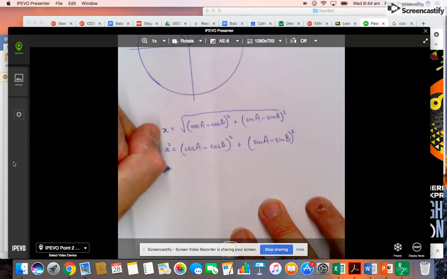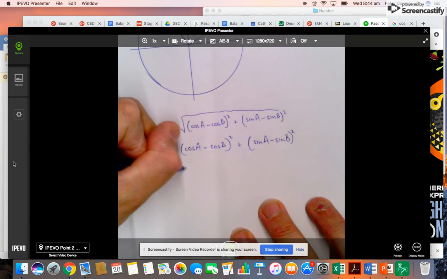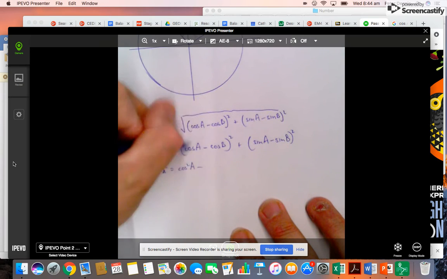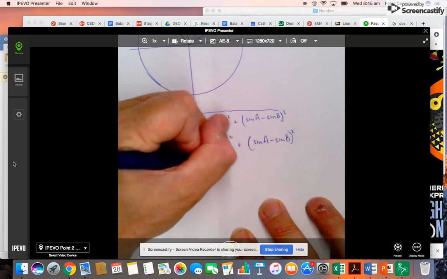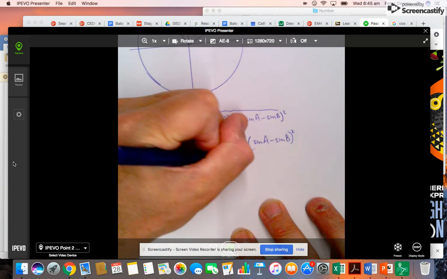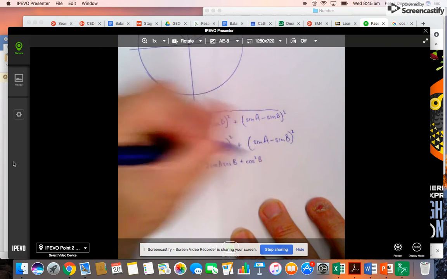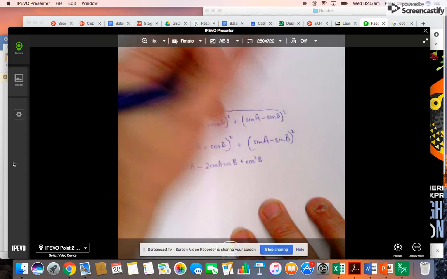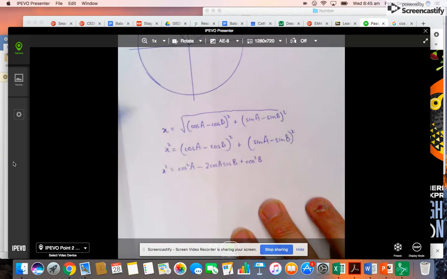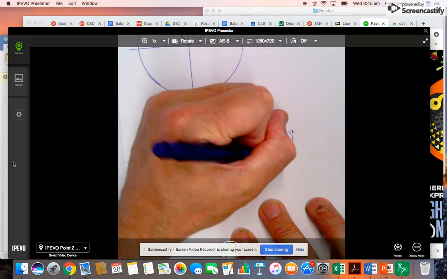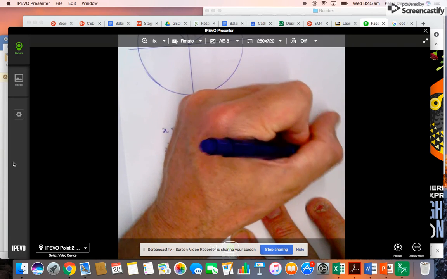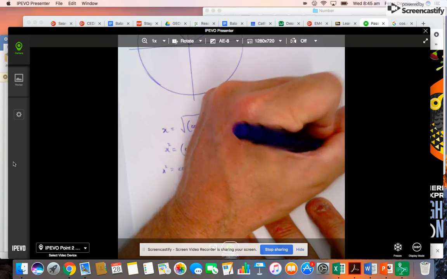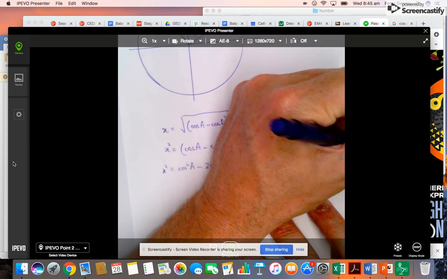So we're going to get x squared equals, it's a square, so that's going to be cos squared A minus 2 times the product, 2 cos A cos B, plus cos squared B, plus exactly the same thing except sines over here: sine squared A minus 2 sine A sine B, plus sine squared B.